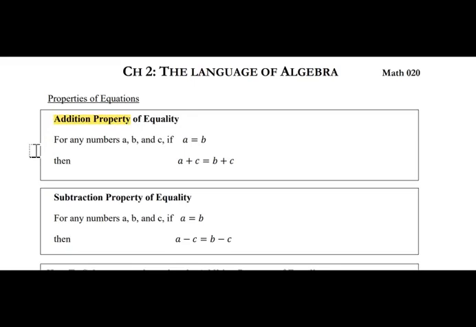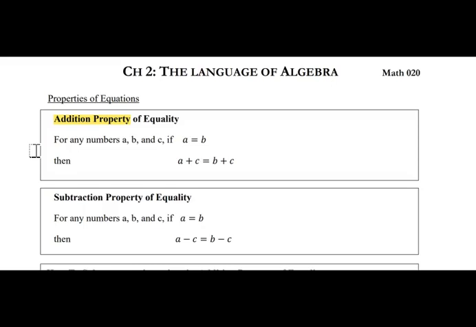it says for any numbers a, b, and c, if a equals b, then adding the same number to a and b would result in the same true statement, right?